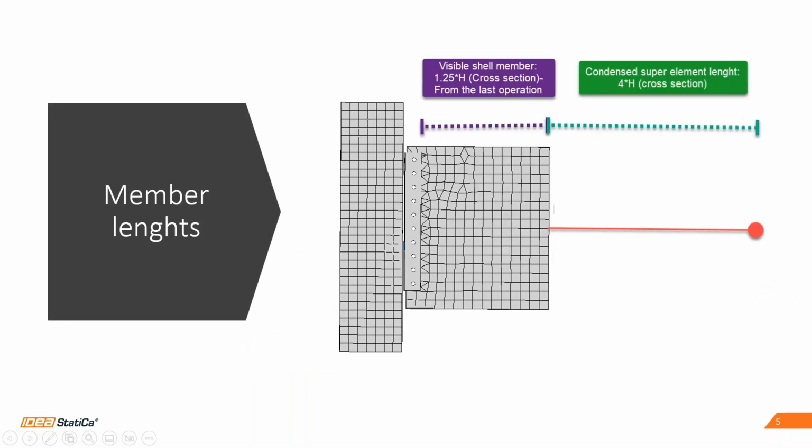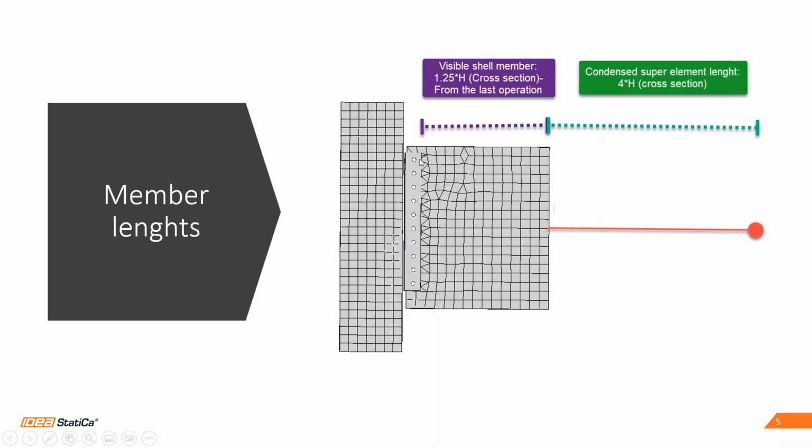To explain why this is important, I'll use this slide. Here you can see the condensed superelement in red and the visible shell model, which is the model we normally see in IDEA StatiCa. The length of the visible shell member is always 1.25 times the height of the cross section from the last operation.